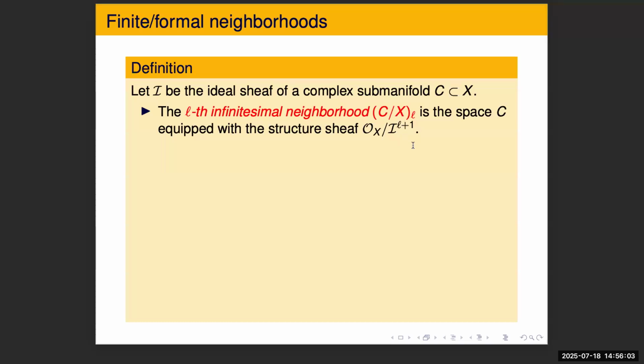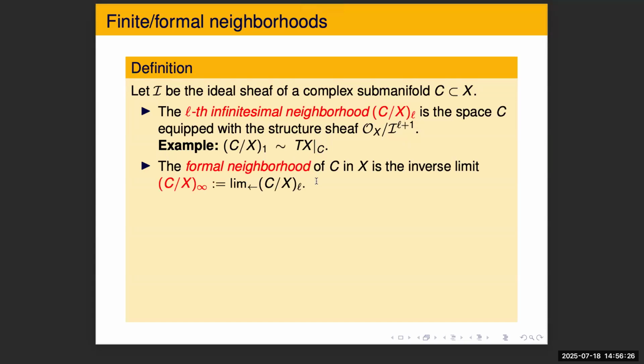This is the L-th infinitesimal neighborhood. As an example, the first infinitesimal neighborhood is basically the information of the restriction of the tangent bundle to the submanifold. And then you have the notion of the formal neighborhood of the submanifold in X, which is basically the collection of all finite infinitesimal neighborhoods together.